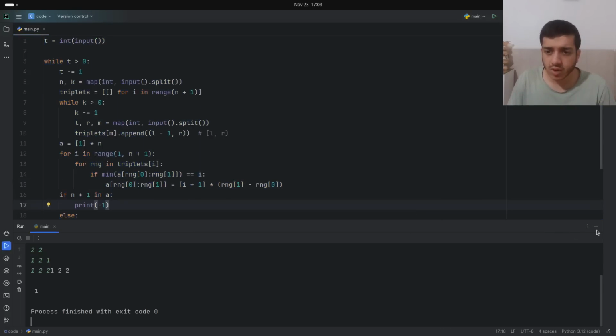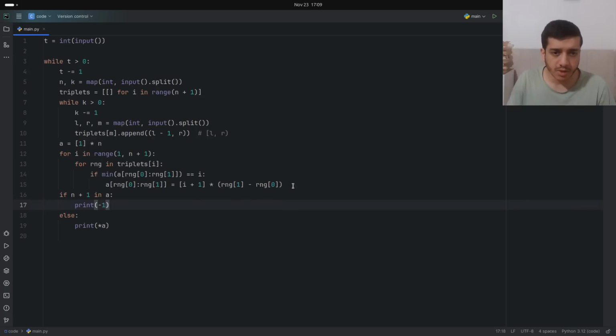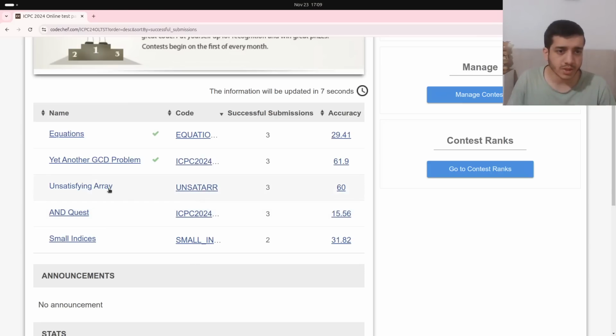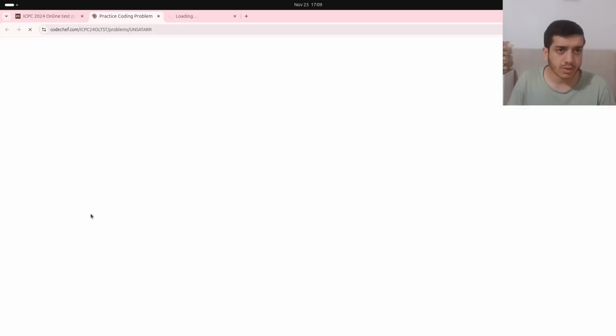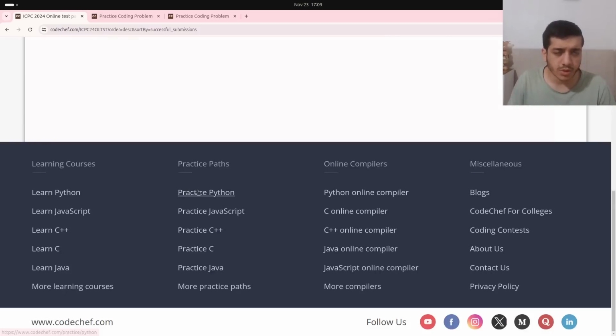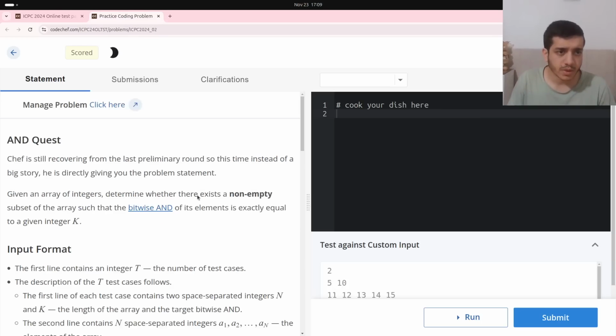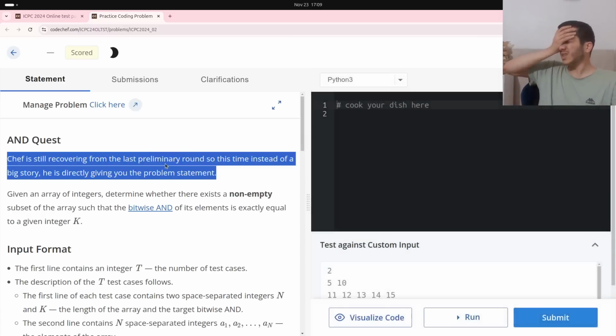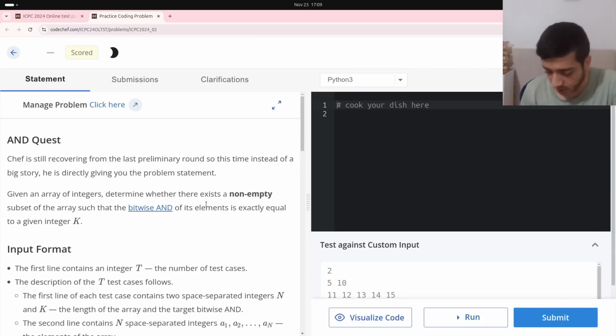And I don't know, maybe we can optimize this line, but I'm not sure. Let's solve the next problem. Did we solve this problem right now? I don't remember. Yes. Okay, let's solve this one. I see a lot of constructive problems, and I'm very bad at constructive problems.